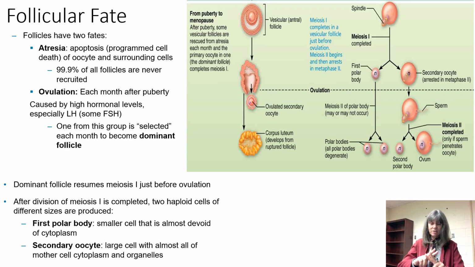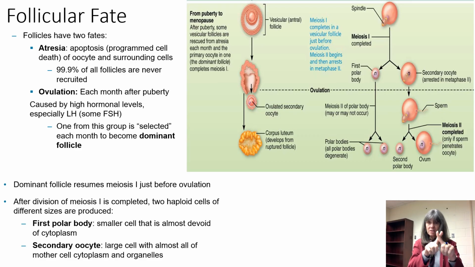So we'd have, I don't know if I can do this with my fingers, we'd have two homologous pairs now separated, and the first polar body contains that separation of the homologous pairs of chromosomes.